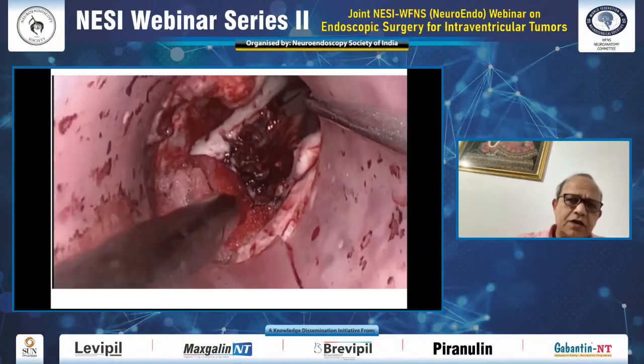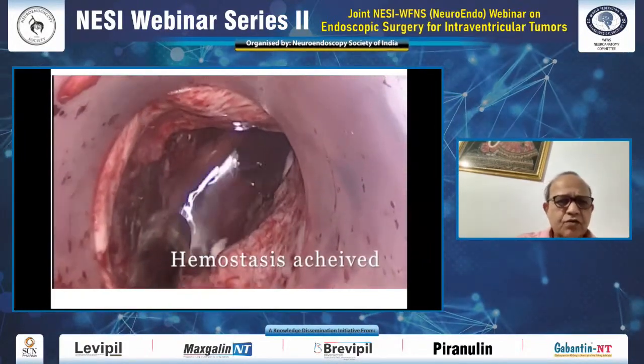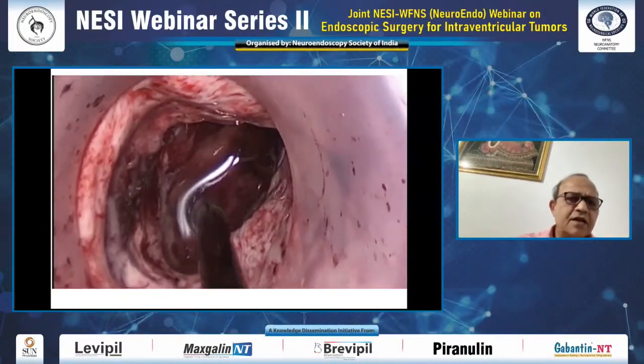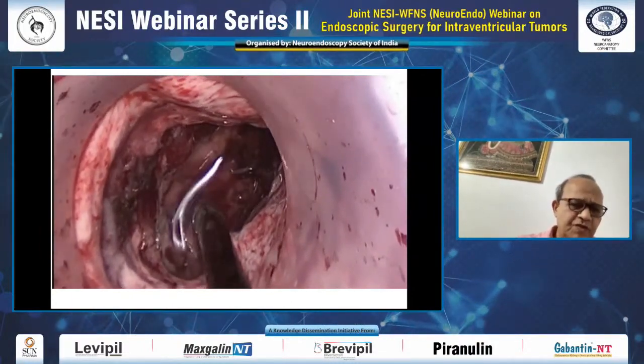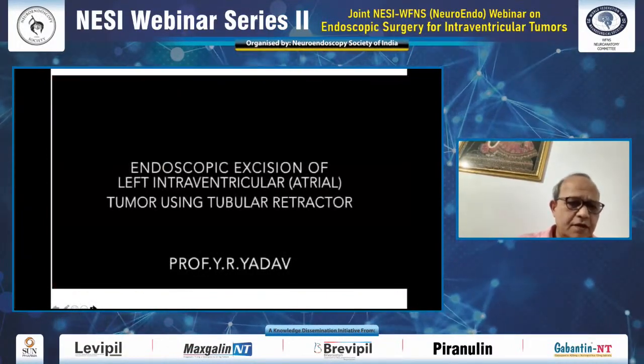Keep an EVD so that you isolate the ventricle to prevent blood getting inside, and leave the EVD for 2-3 days.